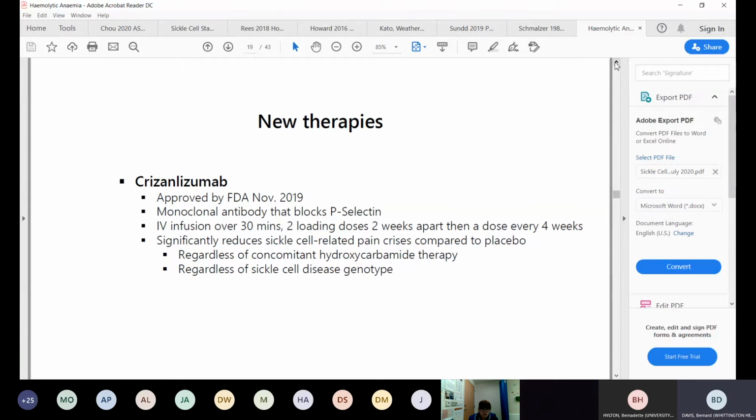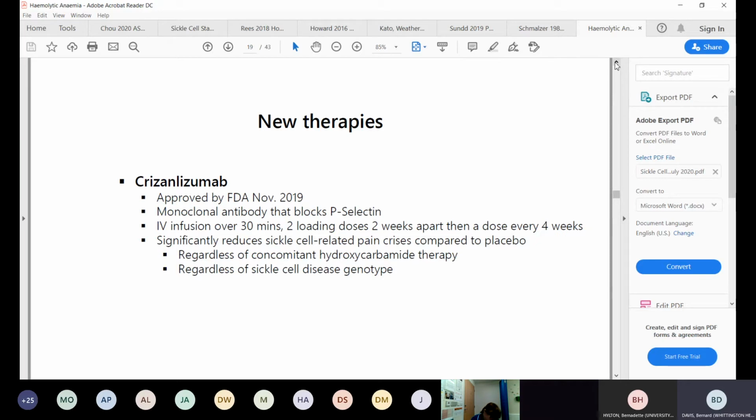So what it does here is this, that we've mentioned how it is that the vaso-occlusive process is extremely complex. And we know that it's not just mechanical blockage of blood vessels by distorted sickle cells, but actually you've got all sorts of things going on.